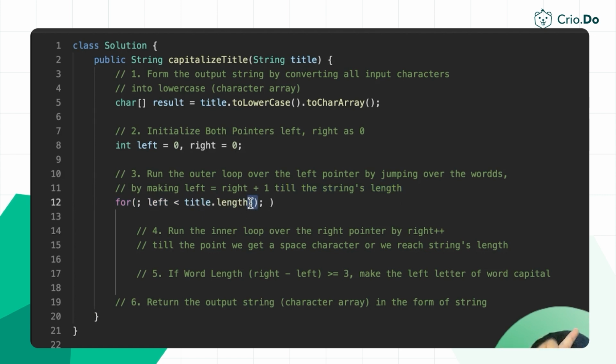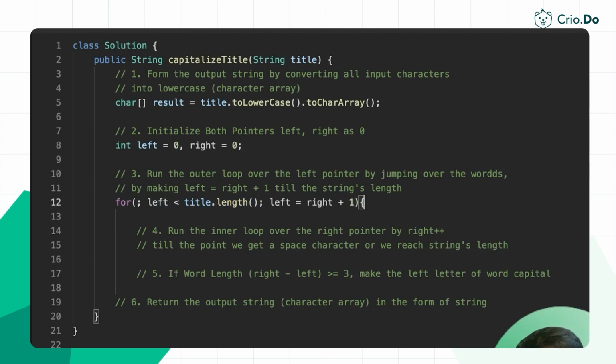In Java, we have to use length with parentheses for strings. For arrays, it is only length. For strings, it is length parentheses because it is a function. So left is less than title.length. What we have to do now is make left equal to right plus one, so that every time left jumps onto the next word.